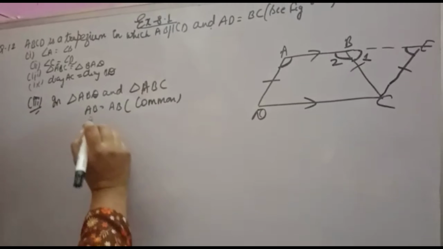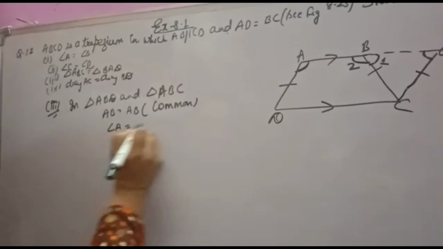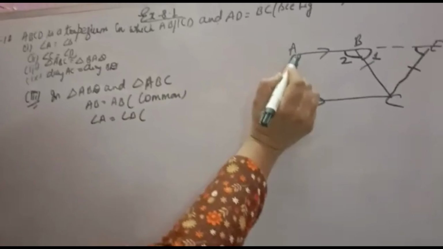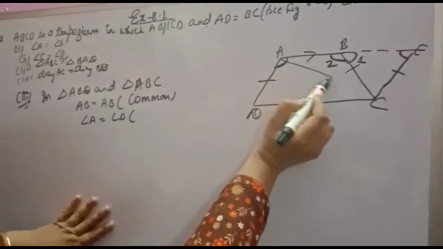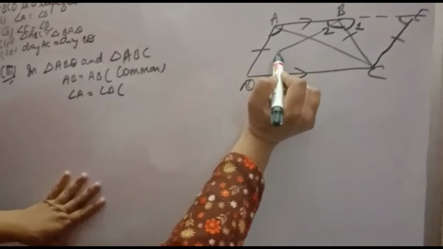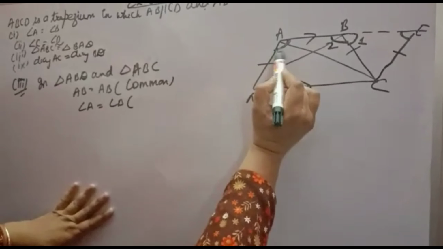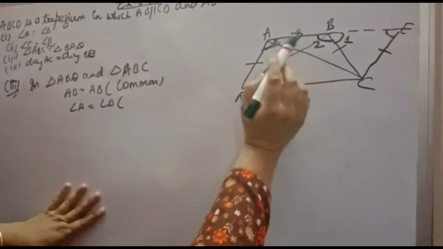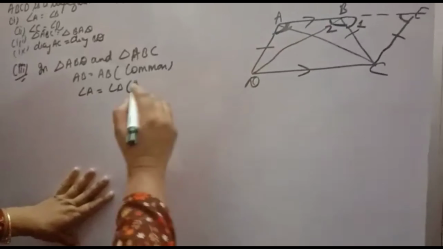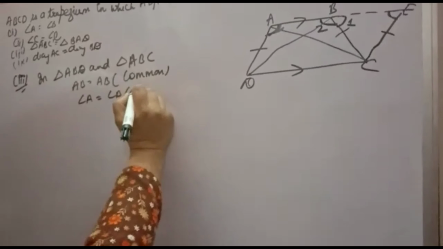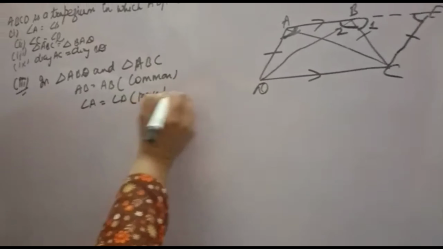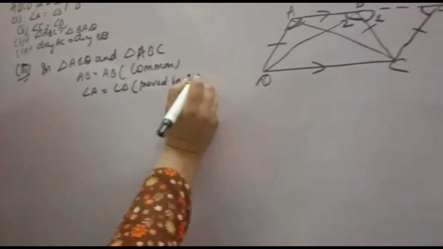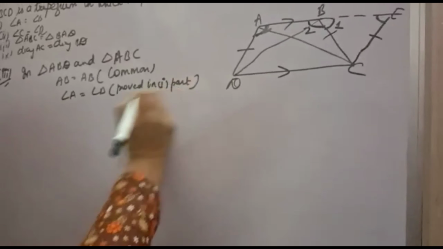Then you have to take angle A equal to angle B. Angle A is in triangle ABD, and angle B is in triangle ABC. Therefore angle A is equal to angle B, proved in the first part.